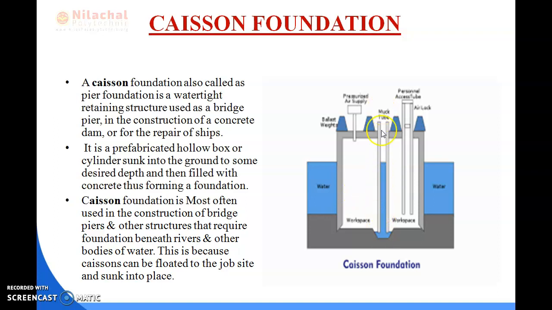Here compressed air is given, and thus water does not enter the chamber and excavation work continues in dry condition. A worker excavates the soil from the edges of the working chamber, and the excavated material is removed manually or a crane removes the soil with grab buckets.